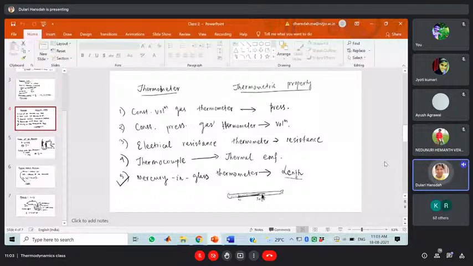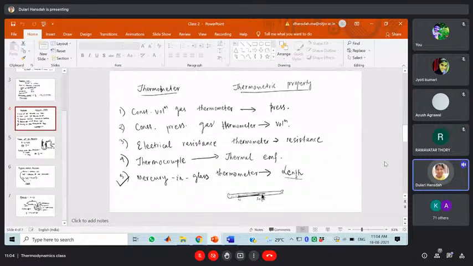Then we have the electrical resistance thermometer. In this case your thermometric property is resistance. The change of wire resistance will give you the temperature readings. Then we have the thermocouple. Here the thermometric property is thermal EMF, electromotive force.